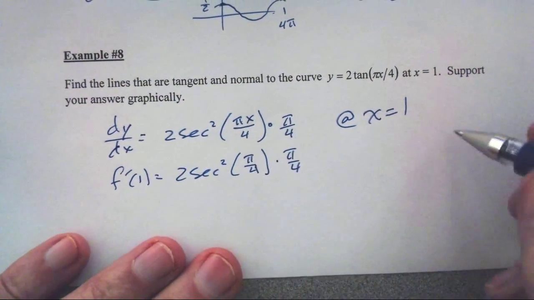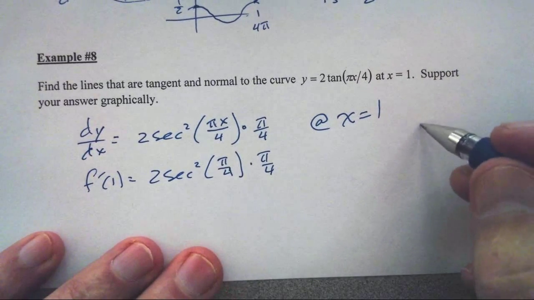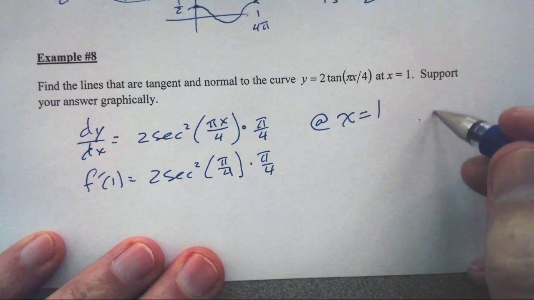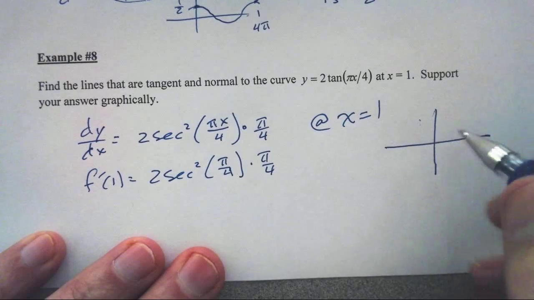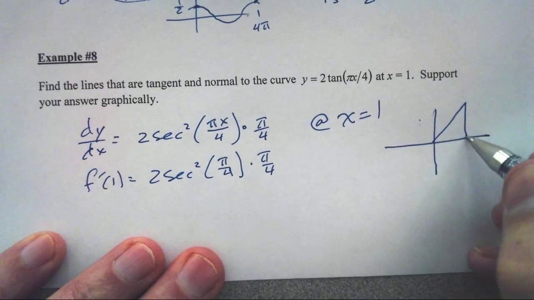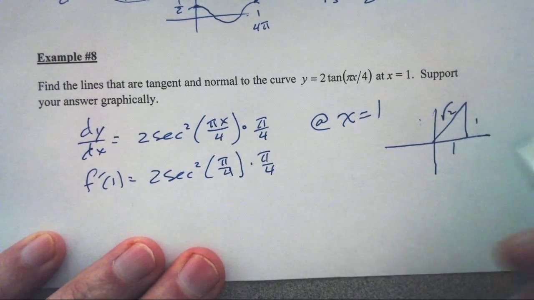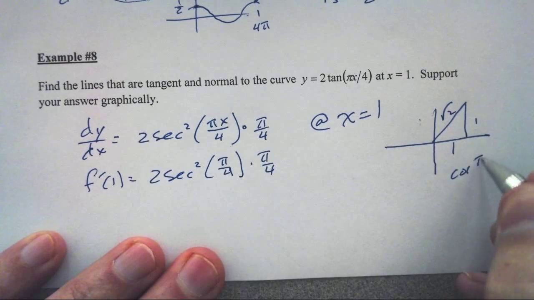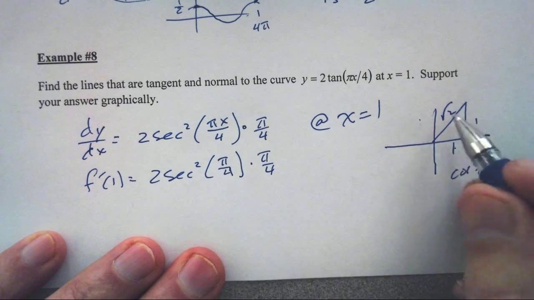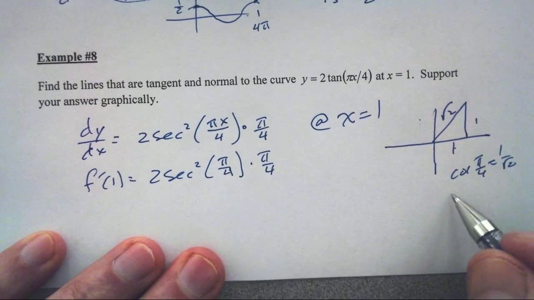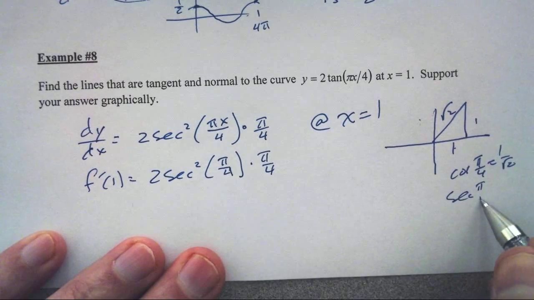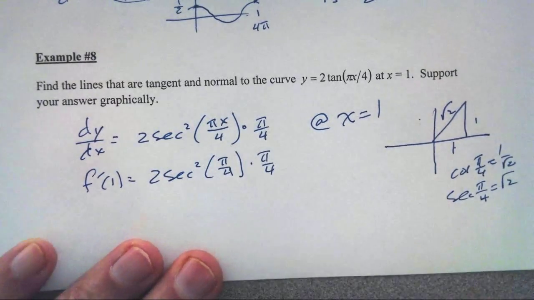Okay, secant, let's go to cosine. I'm going to build a triangle at pi on 4. Pi on 4, we got a 1, we got a 1, we got a root 2. So cosine of pi on 4 is x on r, 1 on root 2. Therefore, secant of pi on 4 is root 2.